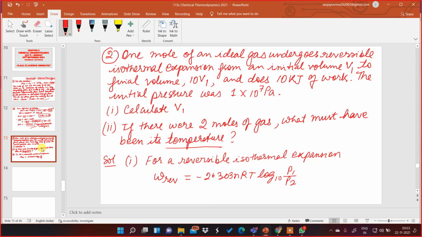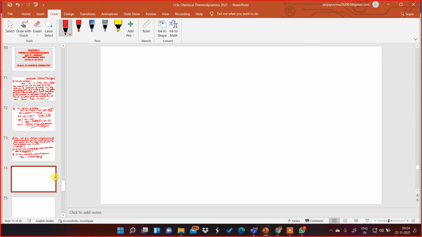These are two cases. These are two formulas which I have. For irreversible, work done is pressure volume work. So there you have to apply P delta V, that formula which I had given. Okay, is this completely clear? Yes, sir.